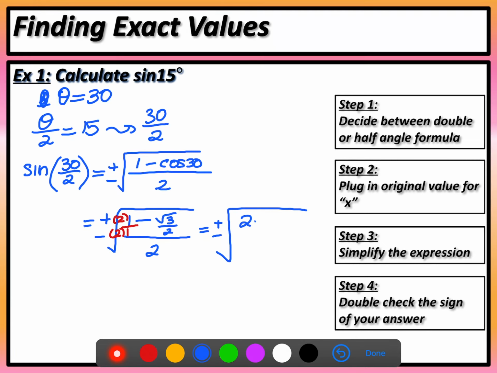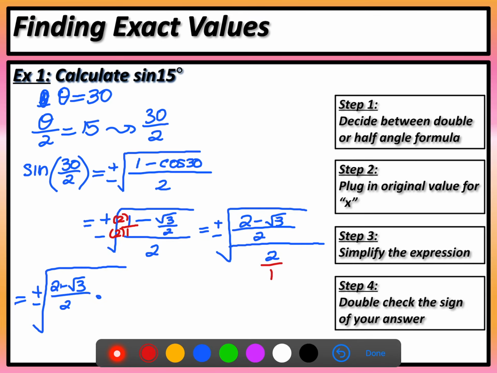So I'm looking at 2 minus root 3 all over 2. That's the numerator. And then I have this denominator of 2. And now I'm going to multiply by the reciprocal. Again, this is all still underneath the radical. So 2 minus root 3 over 2, multiply by the reciprocal, really multiplying by 1/2.